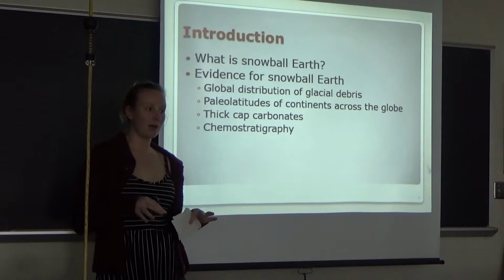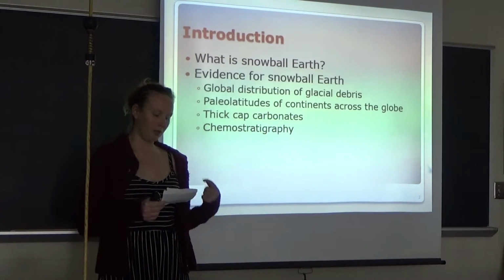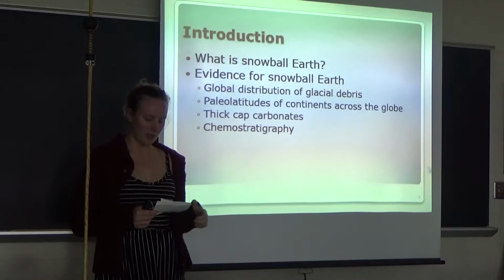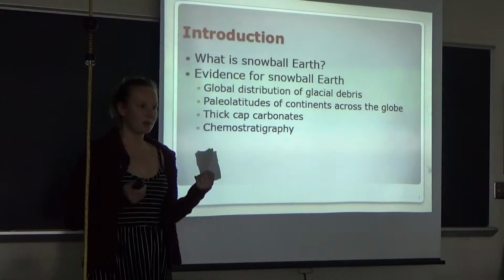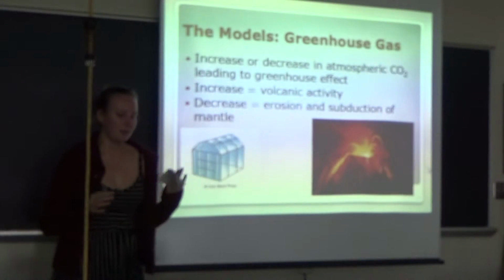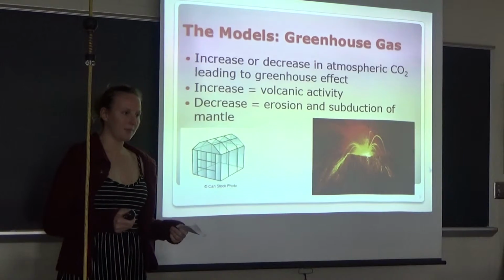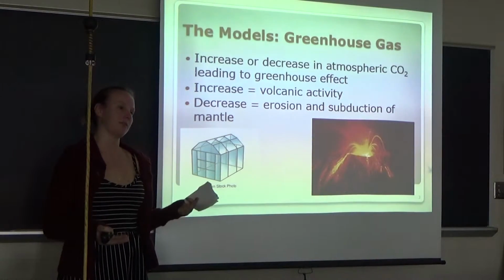The four main models that this paper covers are the greenhouse gas model, the true polar wander model, geomagnetism, and galactic cosmic rays. So I'm going to start with the greenhouse gas model. The greenhouse gas model basically says that there's only one main input of atmospheric CO2 and one main sink of atmospheric CO2.